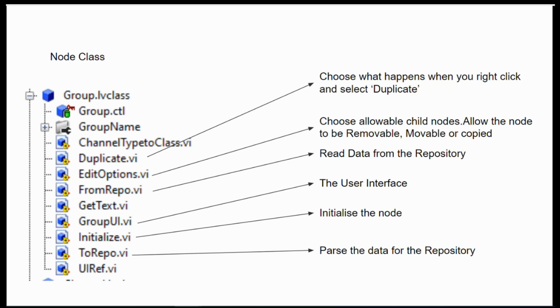Then you have the group UI, which is the user interface you see, the sub panel which is popped in each time a new node is clicked. You have the initialize VI, which gives the initial settings when you add a node, some base settings, if you will. And then you have the to repo, which would pass the data to the repository.